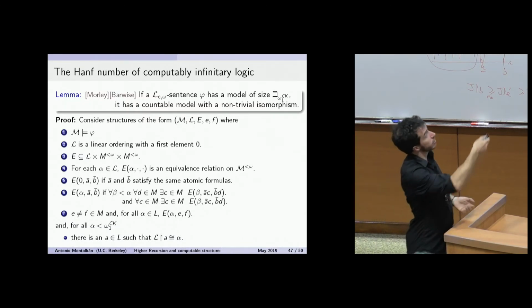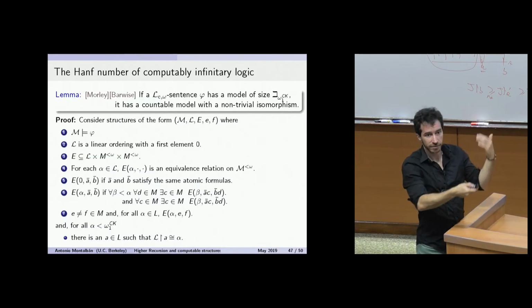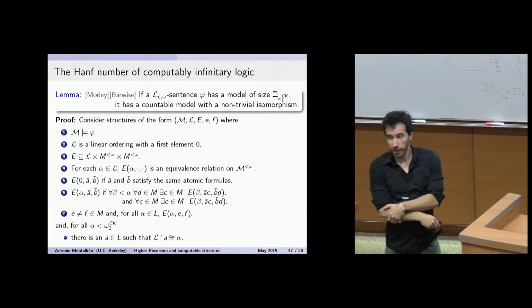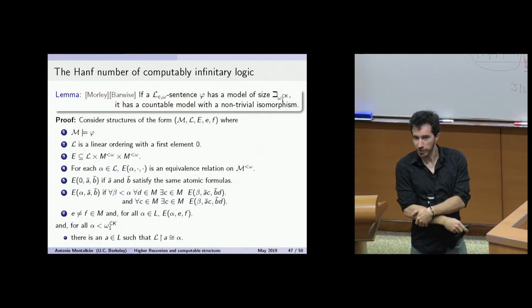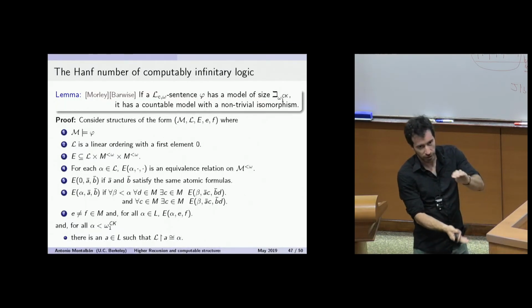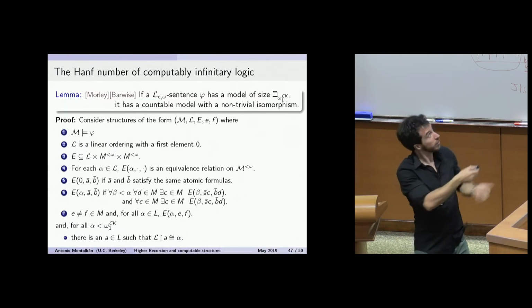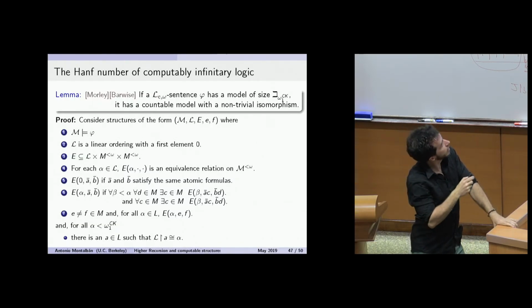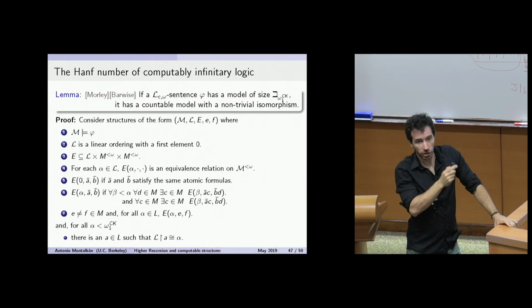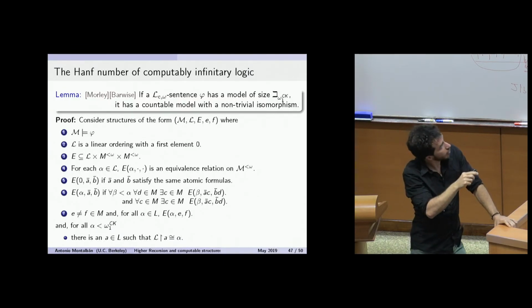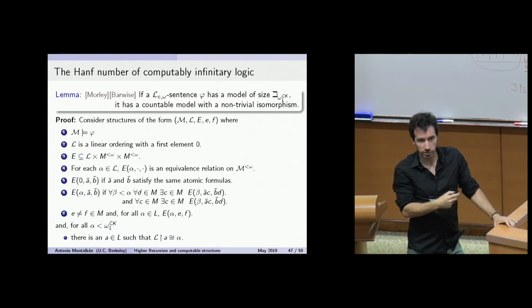So you can have rigid things of size up to Beth alpha, and it only breaks at omega 1ck, because to do that you need a computable presentation of your ordinal. If you use infinitary logic that is not necessarily computable, like L omega 1 omega, then it will be Beth omega 1, the Hartogs number.